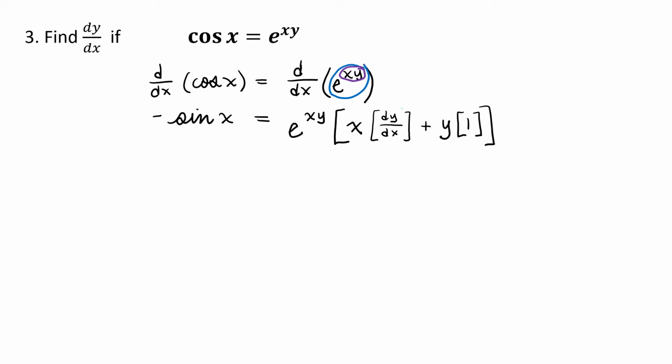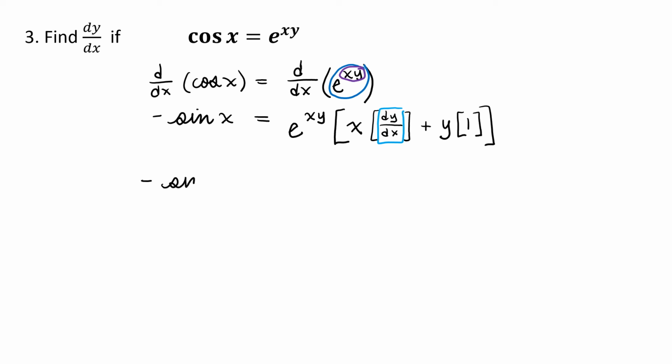And now we want to solve for this dy dx. There's a couple different things we could do. We could start by dividing both sides by e to the xy, but that's going to lead to some having to combine or find a common denominator and combine some fractions, which is a bit of a mess. So it's actually a little easier to start by distributing the e to the xy.